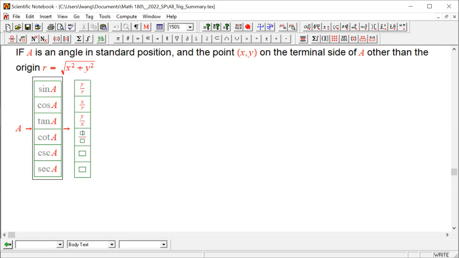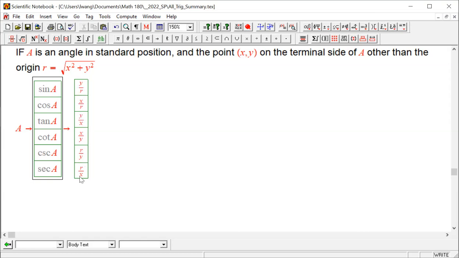Cotangent is x over y. And cosecant is r over y, and secant is r over x. So these are the 6 rules, and they're all ratios.